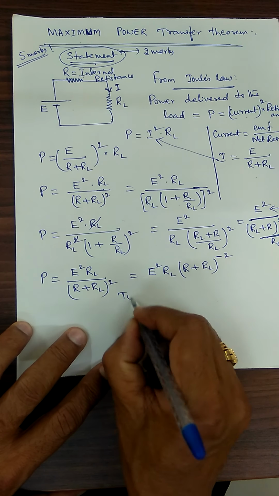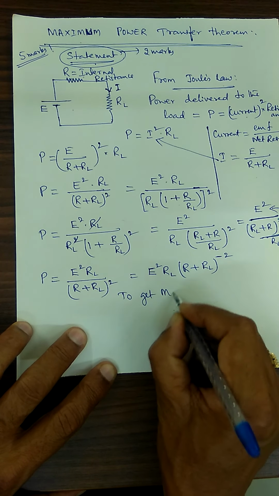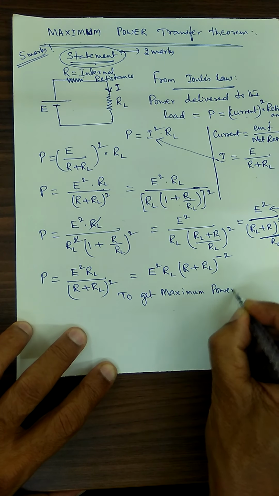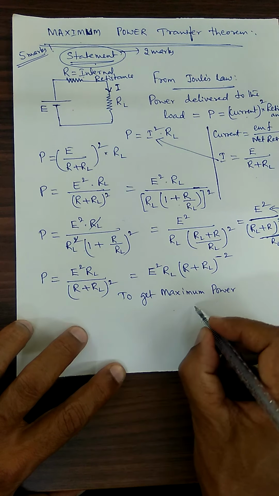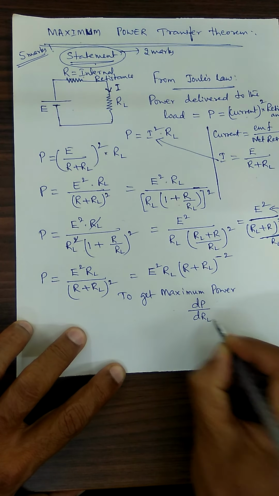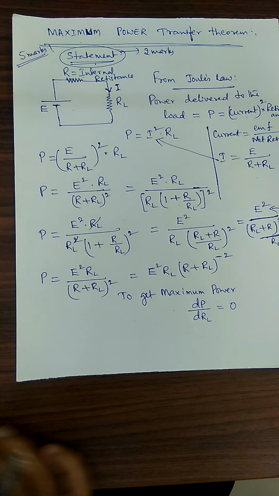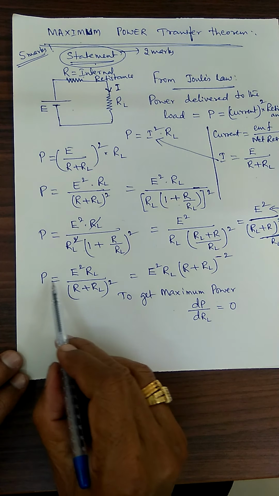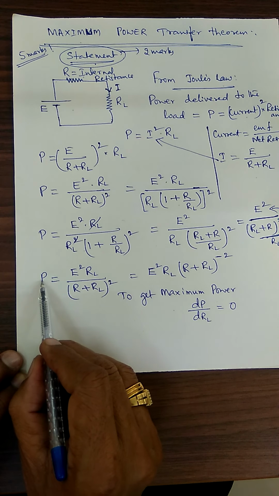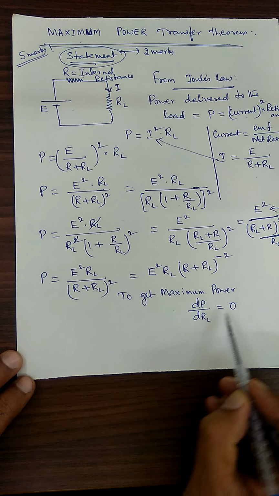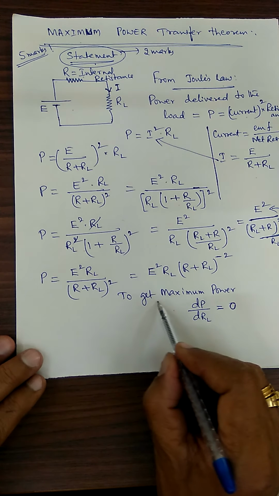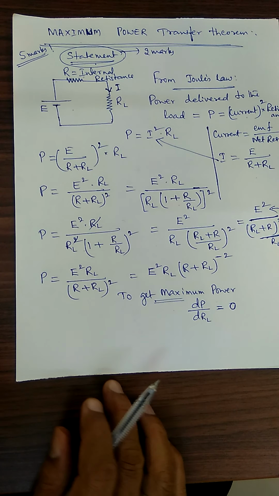So to get maximum power, we are supposed to equate dP divided by dRL to 0. It means differentiation of this power with respect to load resistance, we are supposed to equate it to 0 to get this maximum power. So let us differentiate this.